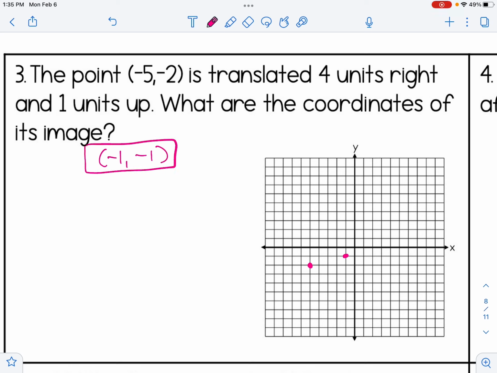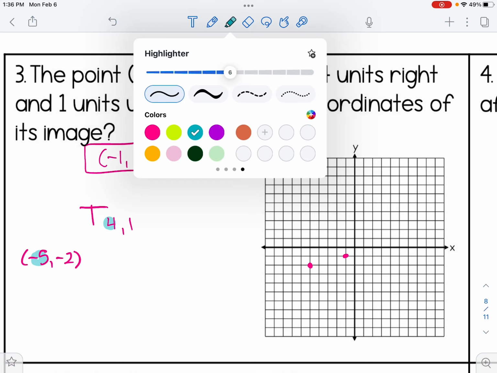Now, I mentioned before that you might feel the graph is not necessary here. Here's how you could get your answer without the graph. If we're going 4 right and 1 up, that translation is T, 4, 1, according to what we've practiced already in this video. And we're starting with the point negative 5, negative 2. So if we take a look, negative 5 and 4 both relate to the x value.